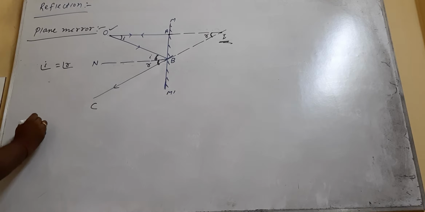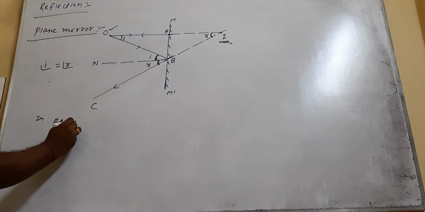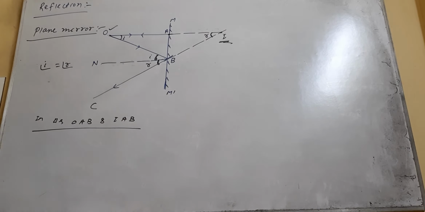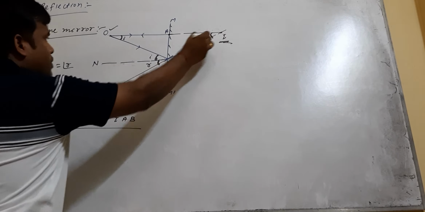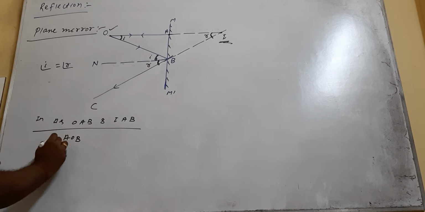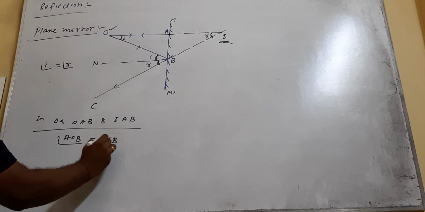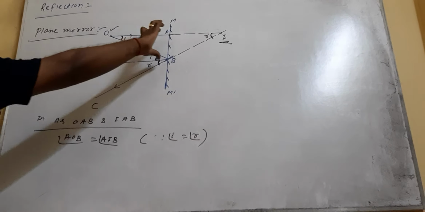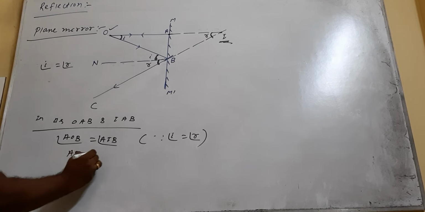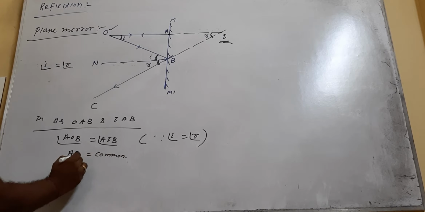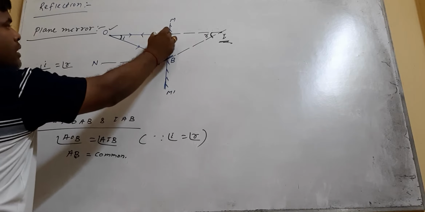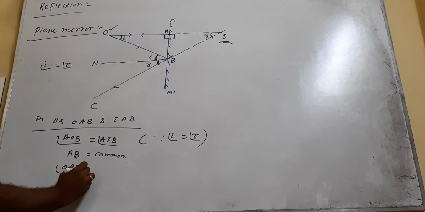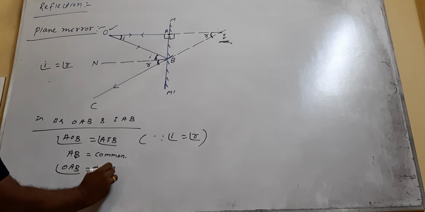Now, in the two triangles OAB and IAB, these two angles are equal, that is AOB is equal to AIB, since I is equal to R. AB is common, and this angle is equal to this angle, OAB is equal to IAB.